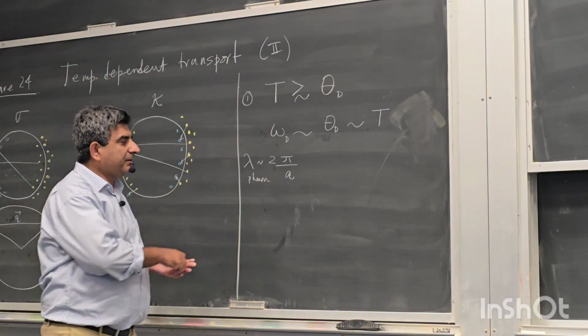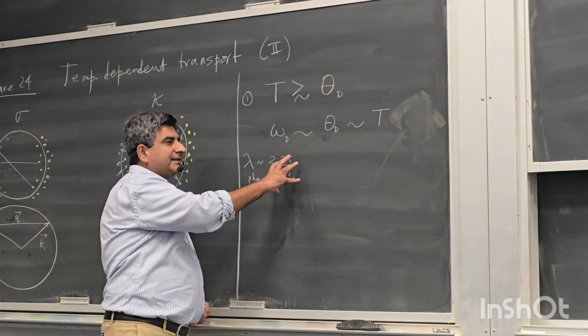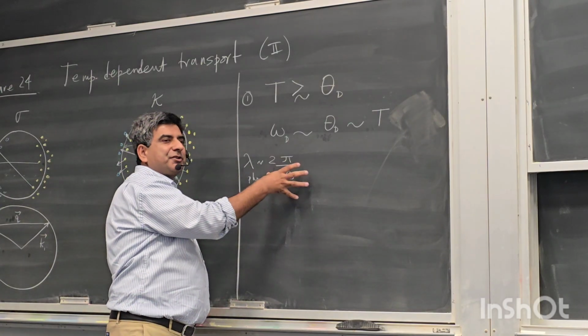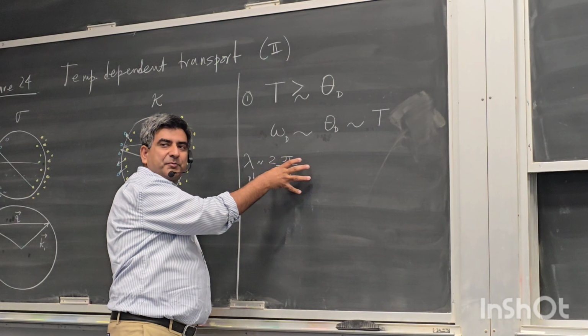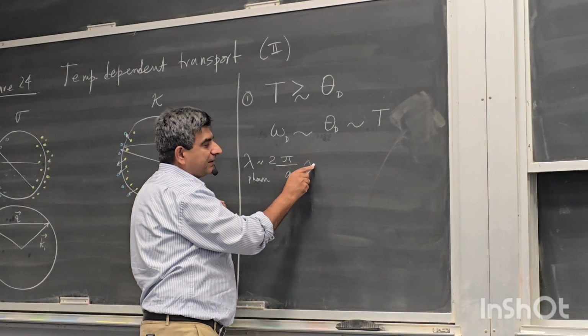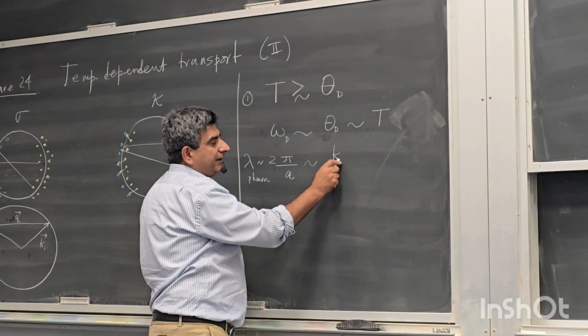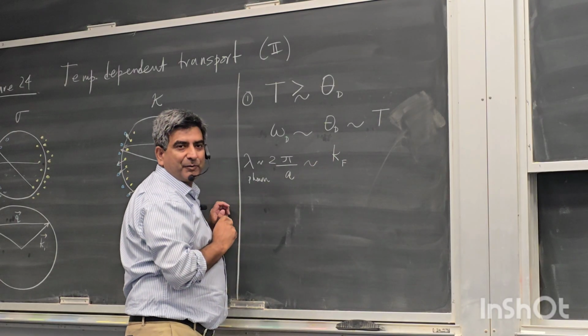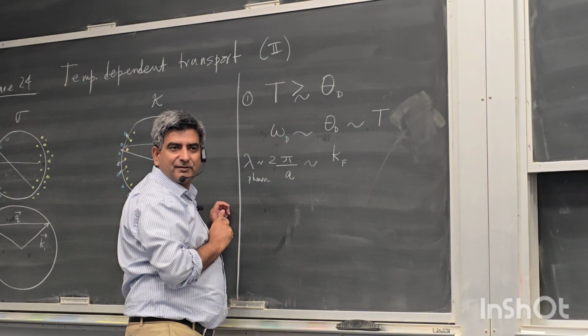Okay? Now, in a Brillouin zone, this is the outer edge of the first Brillouin zone. And it must be comparable, therefore, to the Fermi wave vector. Right?